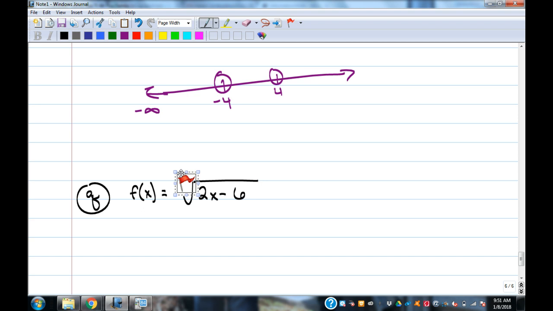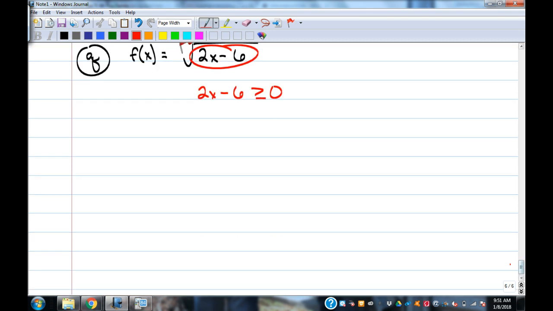That works, okay? So what you want to do is take whatever's inside of the square root, that stuff there, and set it greater than or equal to 0. If you set it greater than or equal to 0, that means we're forcing this to be positive or 0, okay? Solve it the same way you would in an Algebra 1 class.